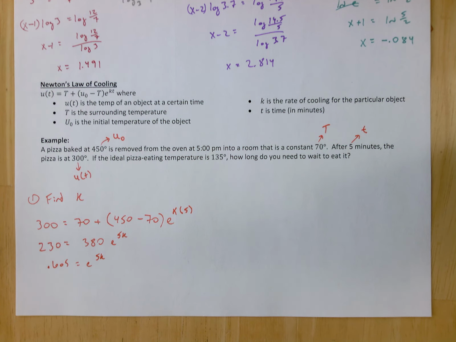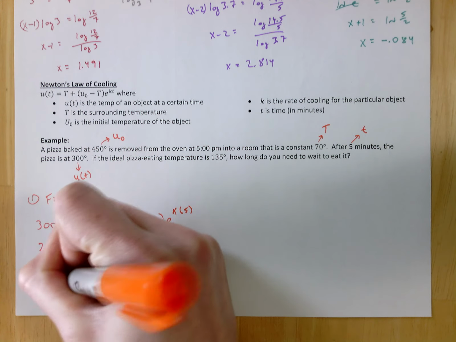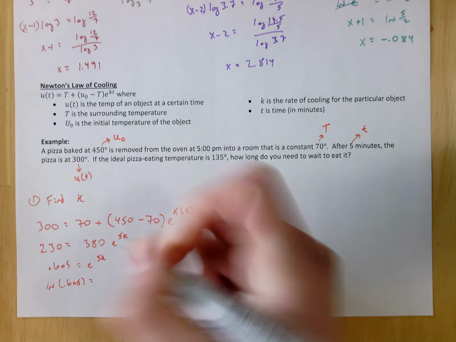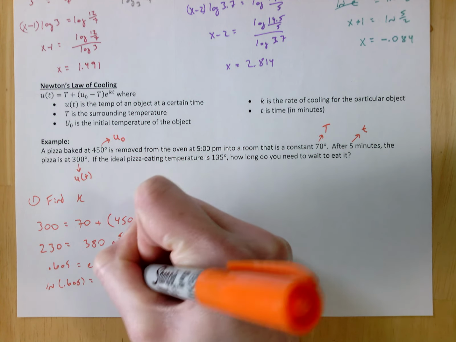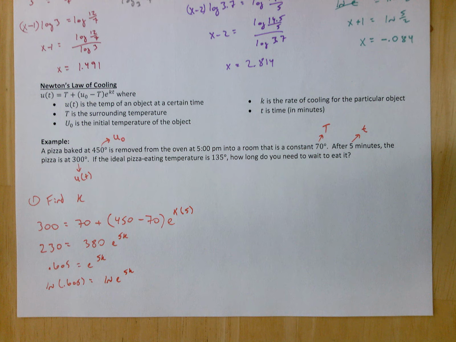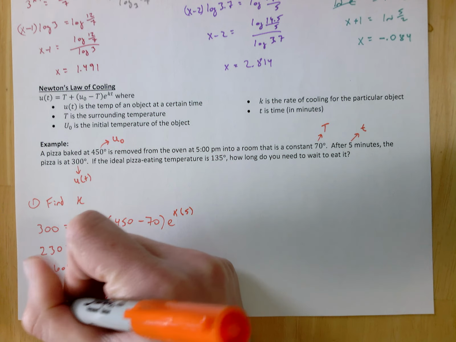And then from here, we're going to solve this equation. You could either think about it as converting or take a log of both sides. But since we have e as our base number, I want to take an ln of both sides. So I'm going to get the ln of this 0.605 equals ln of e to the 5k. And the ln of e cancels, so that's just 5k.